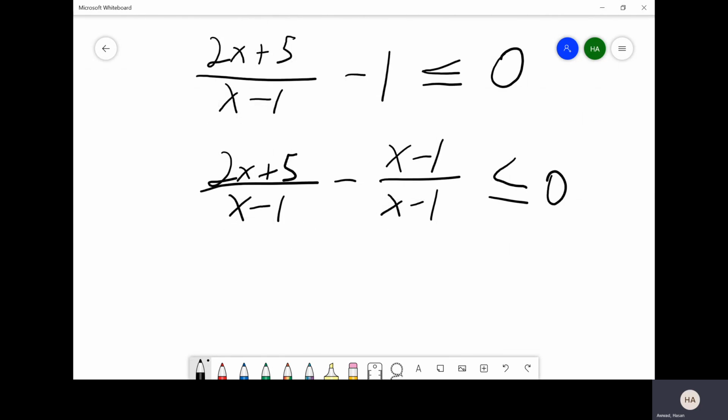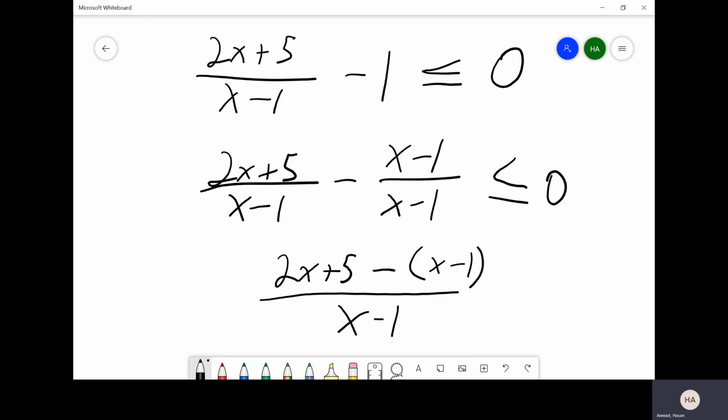Okay, subtracting fractions, well, we all know how to do this, right? We keep our denominator, and we just subtract the numerators. So it's 2x + 5 minus, and now please don't get confused: when you subtract and you have multiple terms in your numerator, your negative applies to the whole thing, right? So your negative is going to apply to x, and your negative is going to apply to negative 1. So it's still less than or equal to 0.